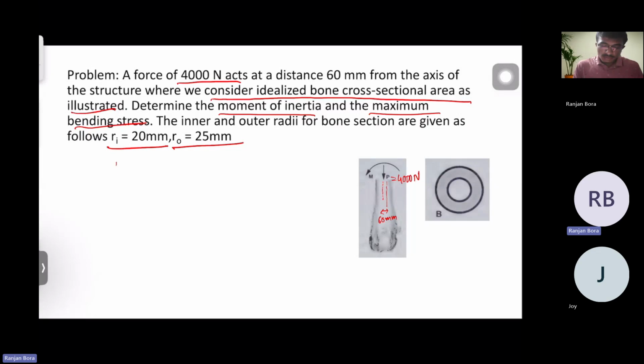M will be equal to P multiplied by 60 mm, so 4,000 into 60 Newton mm, which is 240 Newton meter.